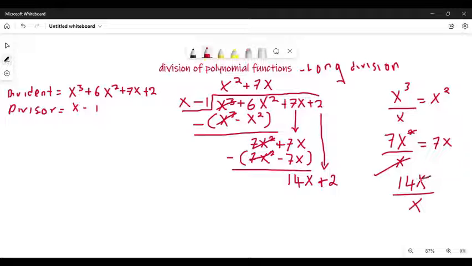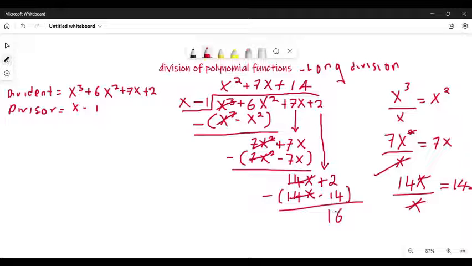When you do that, this and this will cancel and give you the answer to be 14. Then you write your positive 14 there. After doing that, you multiply this positive 14 with the divisor, meaning 14 by x will give you 14x. Then 14 by -1 will give you negative 14. When you do that, put this in brackets and subtract. When you subtract, this and this will cancel, and this will give you a 16.